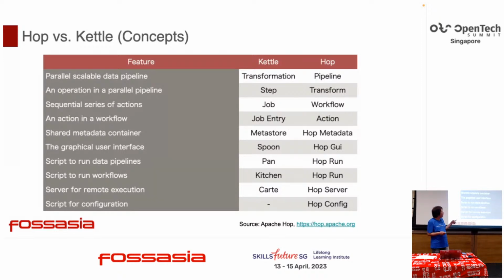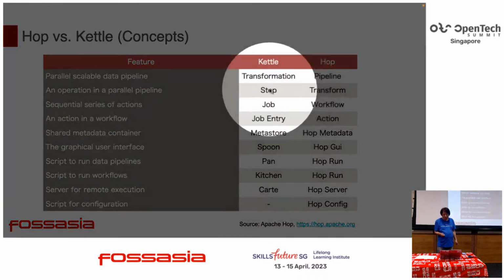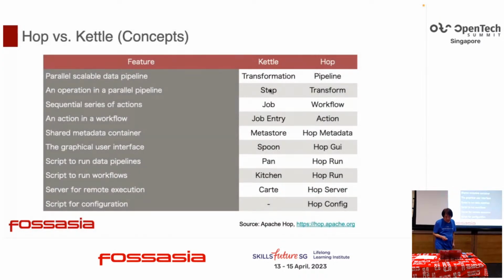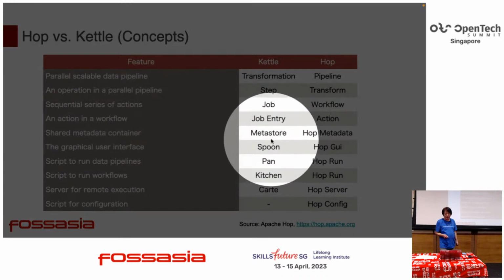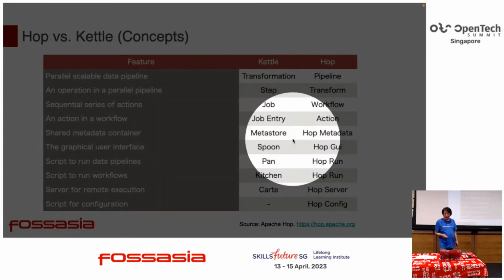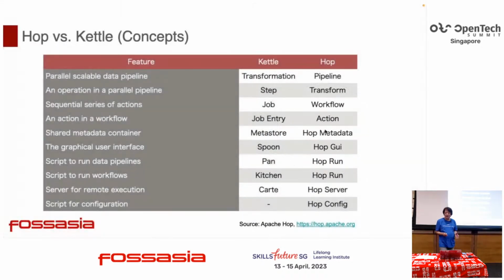So the most common, I think, is the graphical user interface name: in Kettle it's Spoon. We use Hop GUI and Hop Run. It's easy to use, easy to understand. Do you think so?